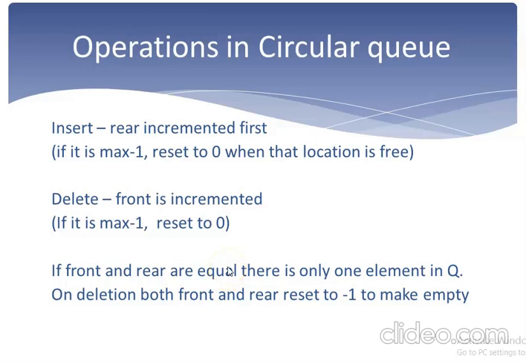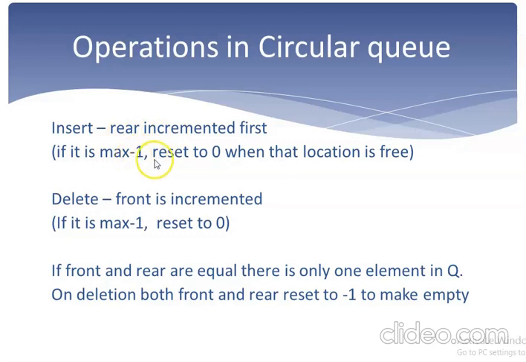So the operations in circular queue are just as we have seen with linear queue: insert and delete operations. While inserting an element, we will be incrementing the rear first, but there is a slight modification here. If rear happens to be max minus 1, we cannot increment it.